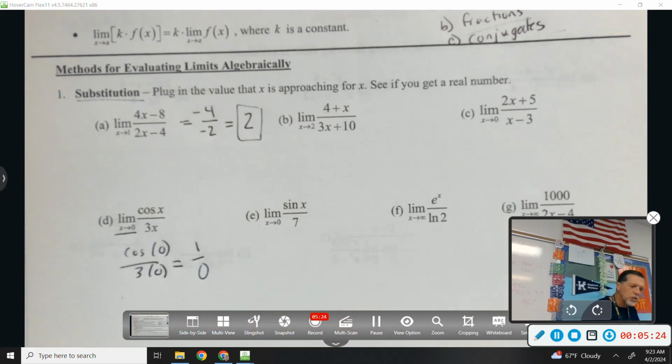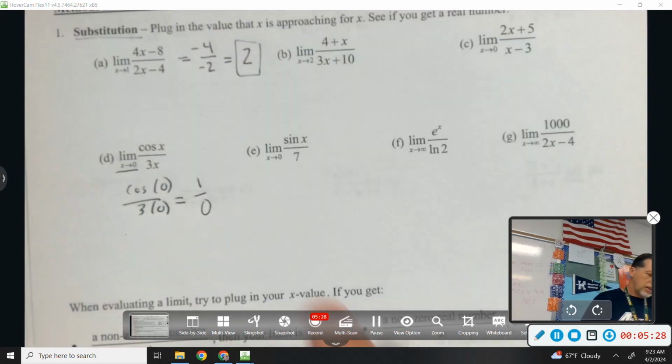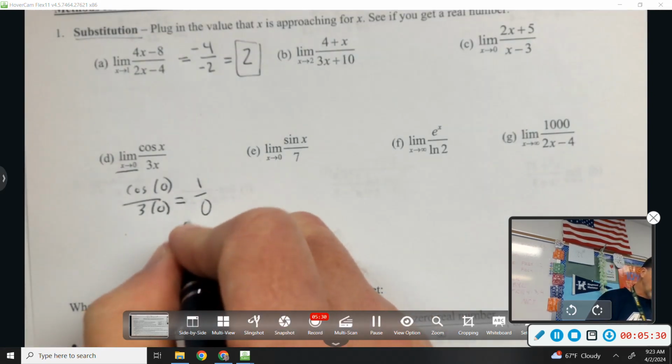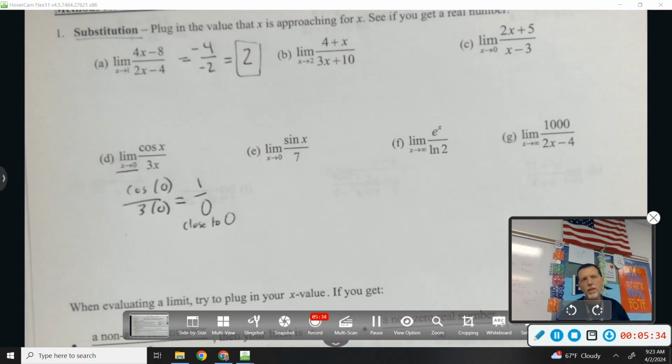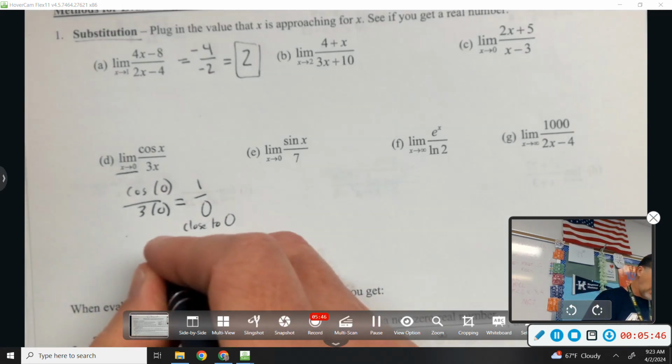We're getting closer and closer and closer to 0, right? The limit. So it's not like a firm 0. It really means like really close to 0. And what's 1 divided by really, really, really close to 0? 1 divided by a really small number. A really big number. Like infinity.